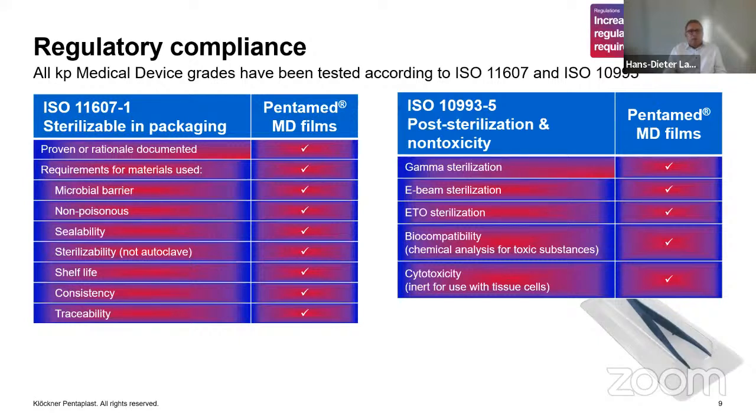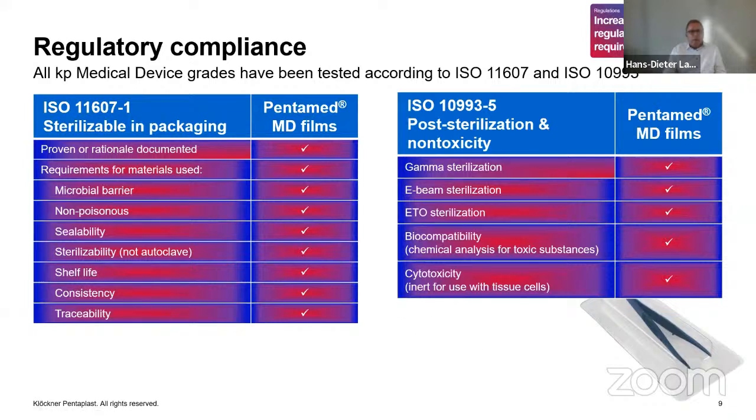Talking about regulatory requirements, 11607 and 10993 are the 2 main regulations for medical devices. And what we have done as a reply to that, we have tested our medical device films according to the relevant chapters of the 11607.